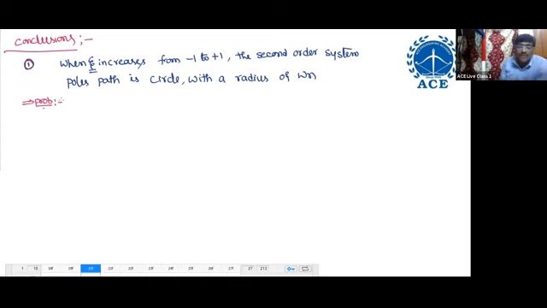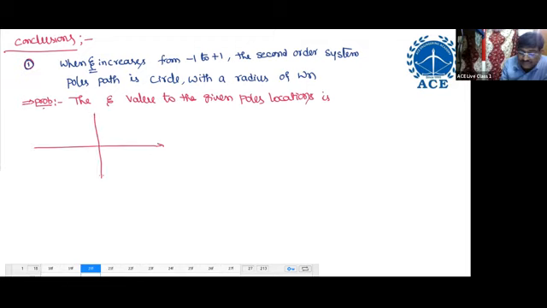The zeta value for the given pole's location is... Tell the answer. Come on. What is the zeta value?